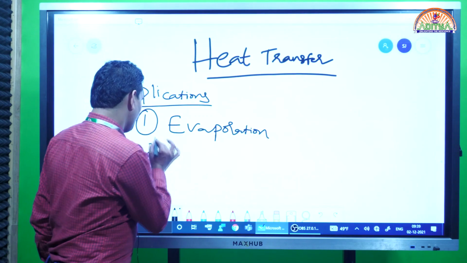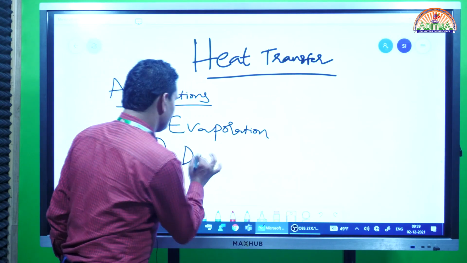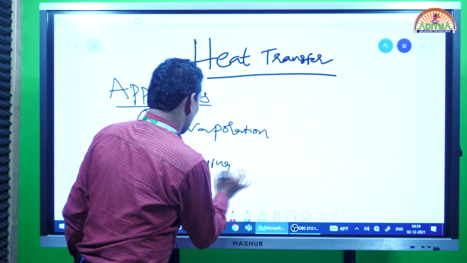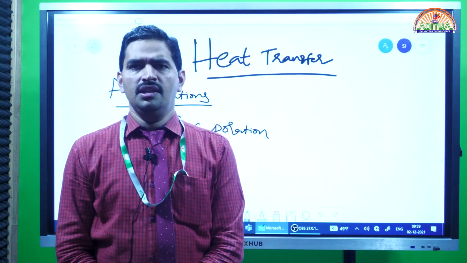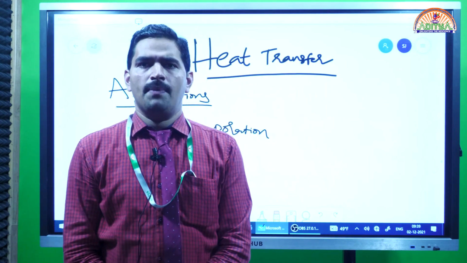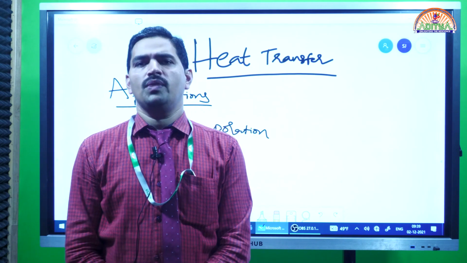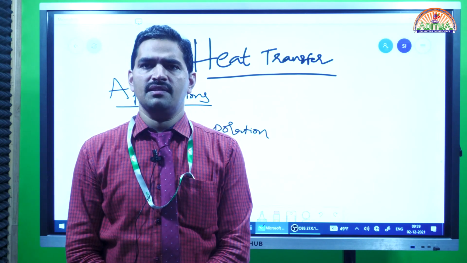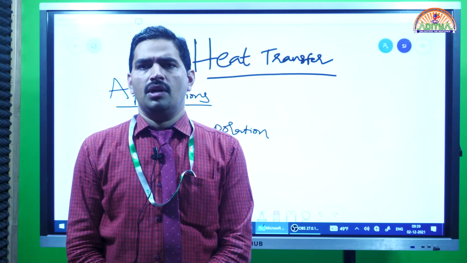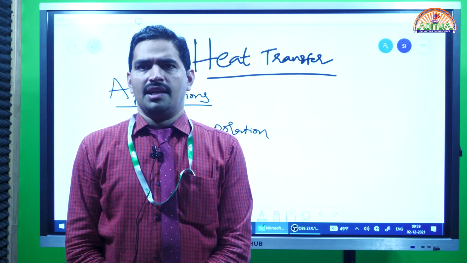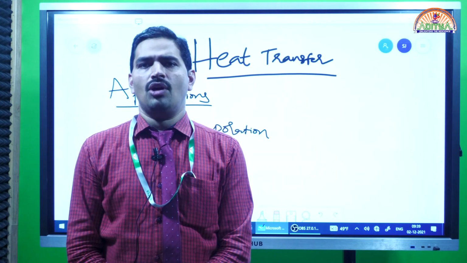Coming to the second one, drying. Drying is also one of the unit operations. It is like the evaporation process, to withdraw the solvent which is present in the product. So the final yield of the drying process is a dry solid.